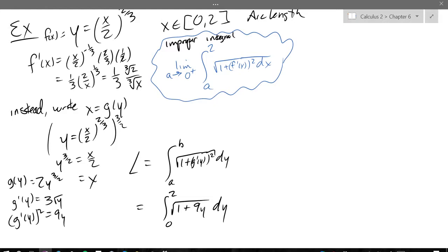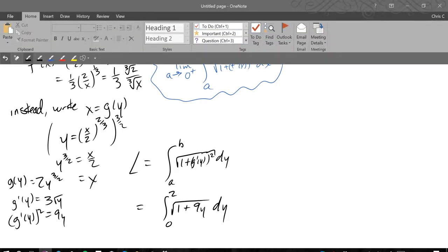Yep. 0 to 2 were x values I gave you. What type of values do I need? I need two numbers, but what do they relate to? I need y's. So when x was 0, what y value would that be? When x is 2, what y value would that be? So I do not need 2 and 0.